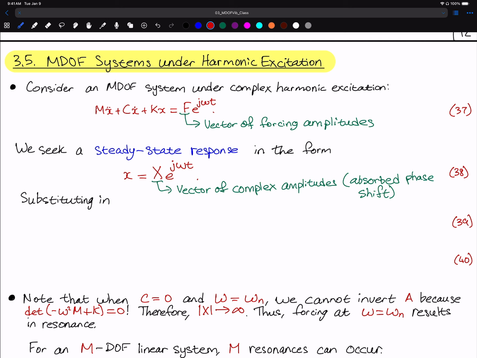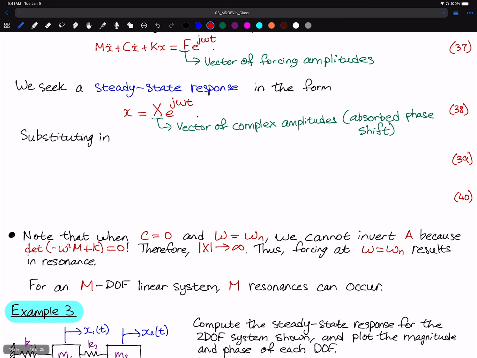We can substitute the steady state response into the equation of motion. We will end up with the following, that the quantity minus omega squared times the mass matrix M plus j omega C plus K, times X e to the j omega t, is equal to F e to the j omega t.